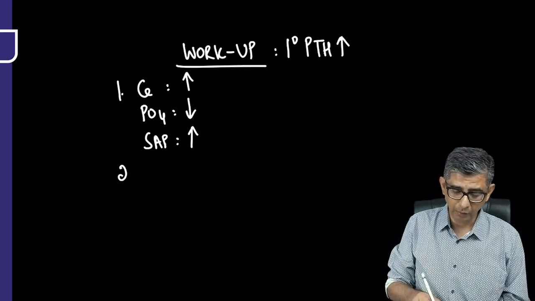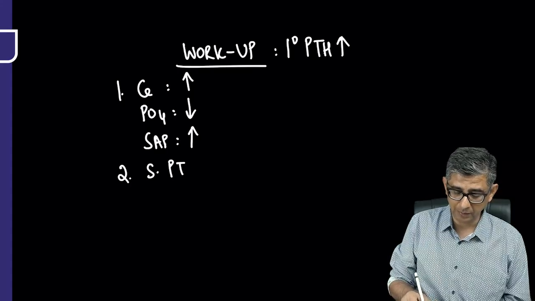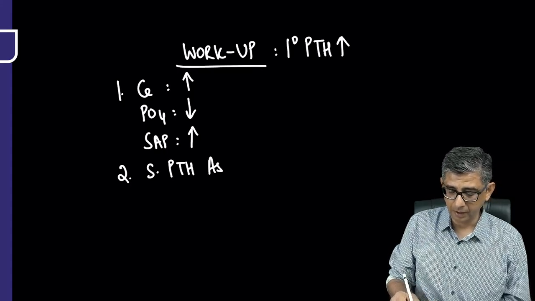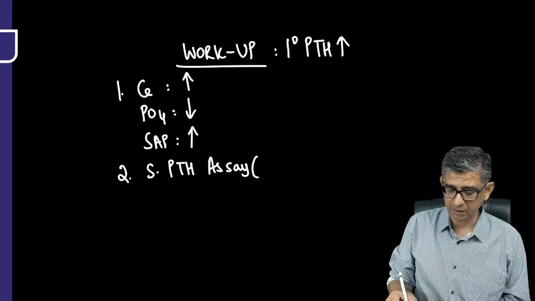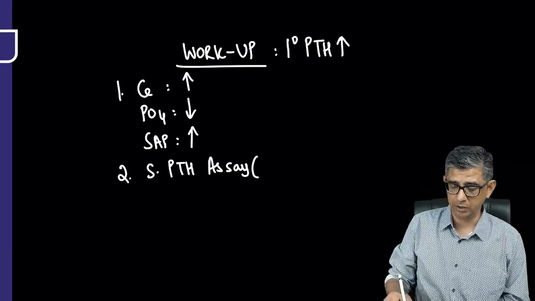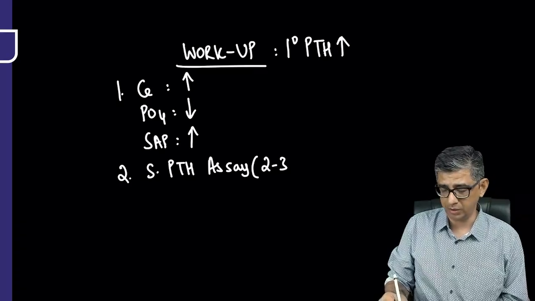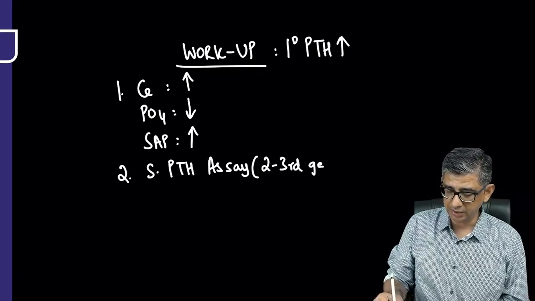The moment I see this report, the test that I'm going to write for this patient is a serum PTH assay. The serum PTH assay test has itself undergone a lot of evolution. In the textbook, you will read about second generation or third generation kits available.